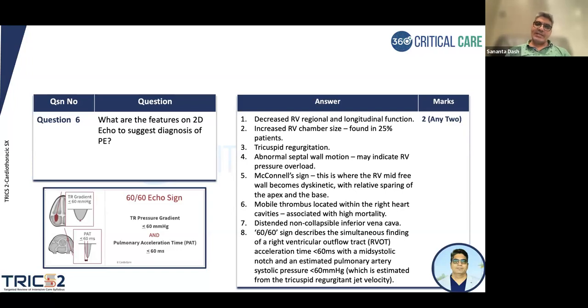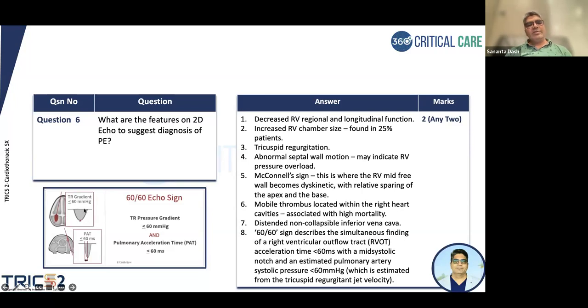So: 60-60 sign, McConnell sign, dilated RA and RV, tricuspid regurgitation, abnormal septal movement, and you may see a mobile thrombus.